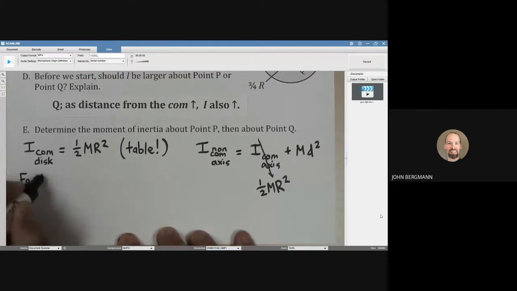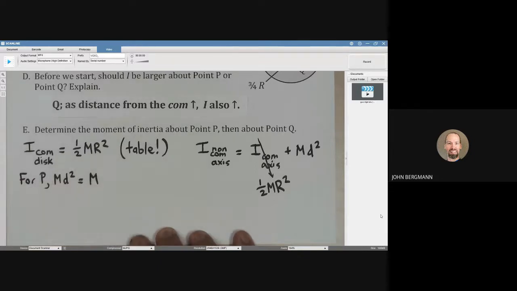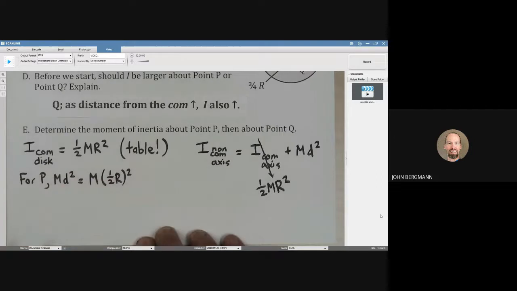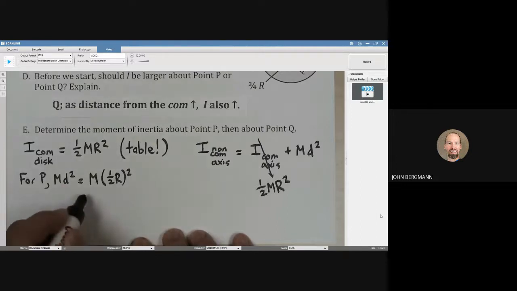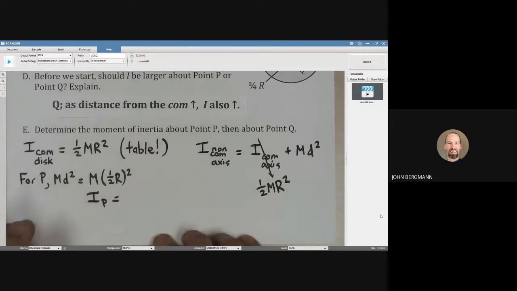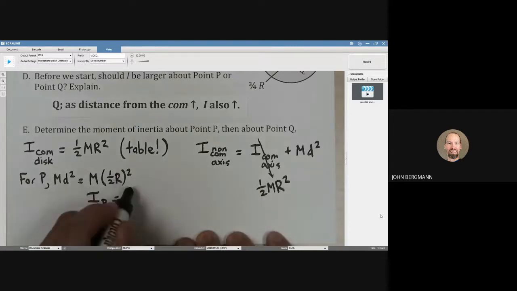For point P, the md squared portion is equal to the mass of the disk, and then the distance that point P is away is 1/2 r. So then we need to square that, which would be 1/4, won't it? 1/4, and then there'll be an mr squared. Which means that the moment of inertia about point P is going to be 1/4 mr squared, that's what this is, plus 1/2 mr squared. So I think that's going to be 3/4 mr squared.